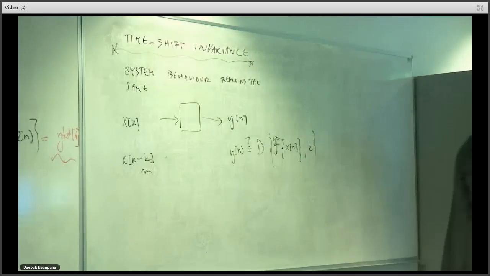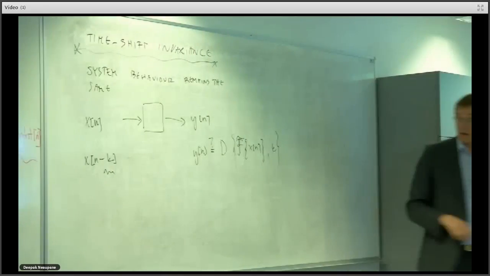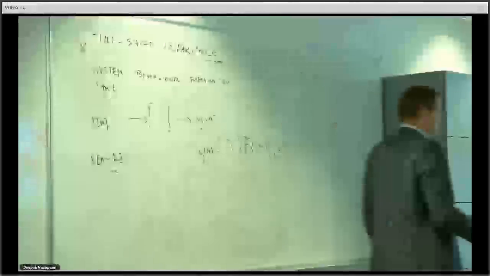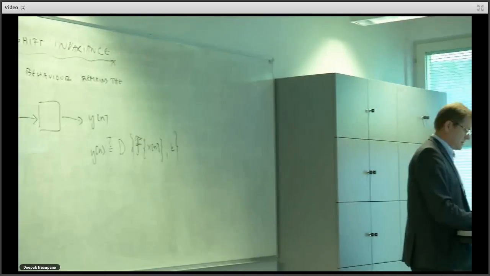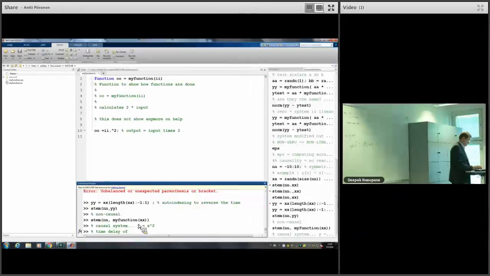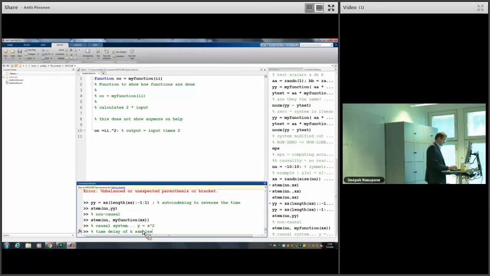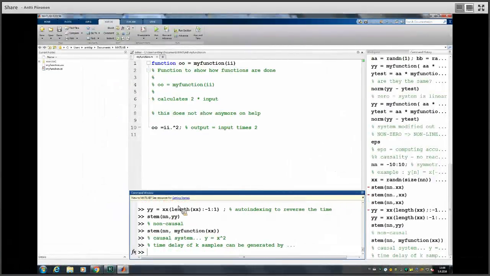Like that. Now the question actually is how we can have a simple system that produces a time delay. I'll just give you one very simple function here. A time delay of k samples can be generated by the following. We take a simple system impulse response or transfer function.